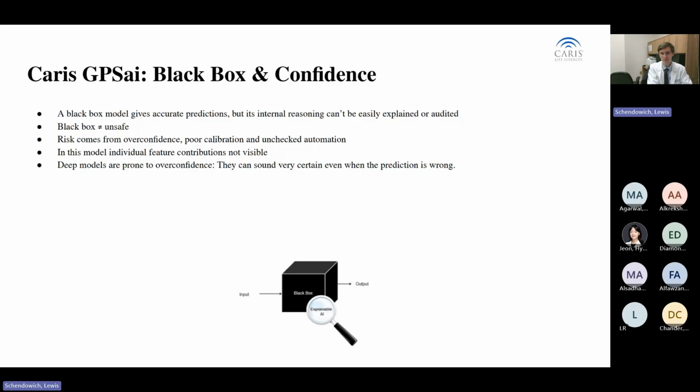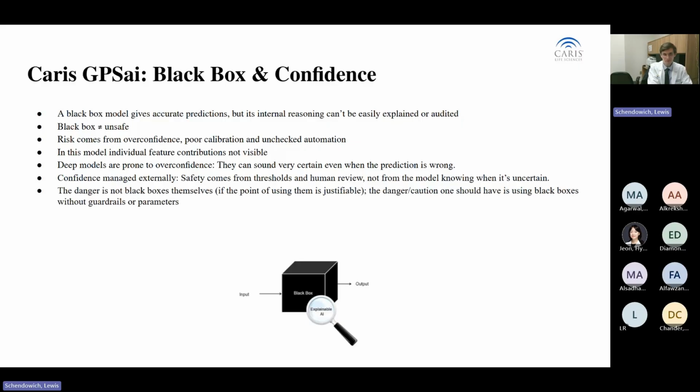And I think that's a very important aspect to keep in mind when you're dealing with black box models, and specifically CARIS GPSai. Now, the confidence can be managed externally, meaning you can have safeguards in place. Safety comes from thresholds as well as human review, not the model knowing when it's uncertain. So the danger is not that black boxes themselves are the problem.